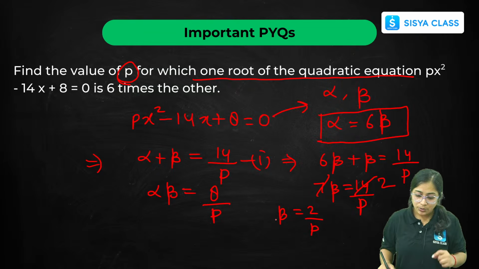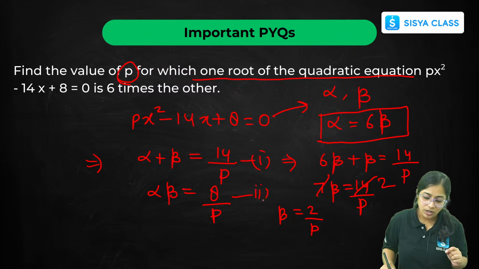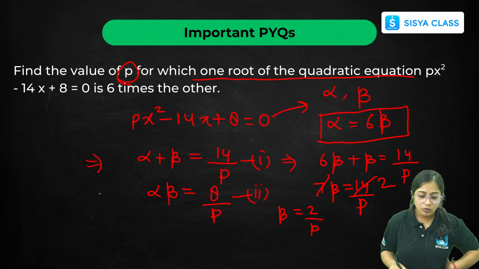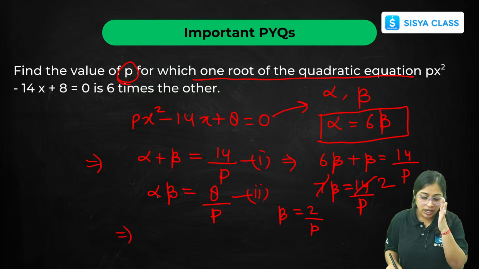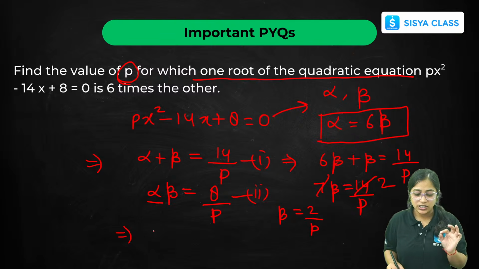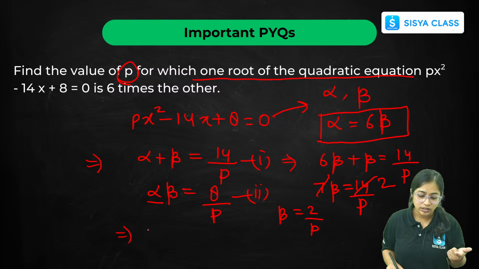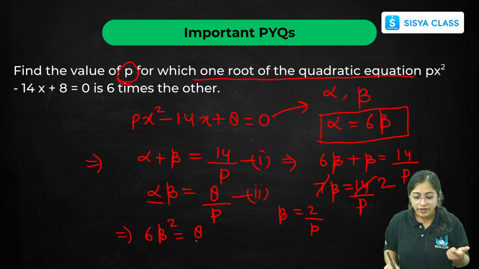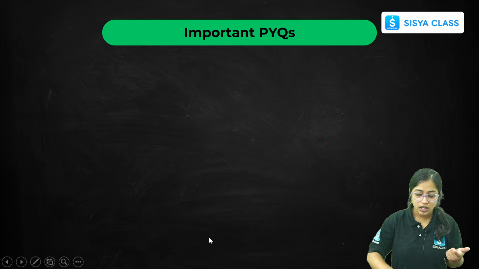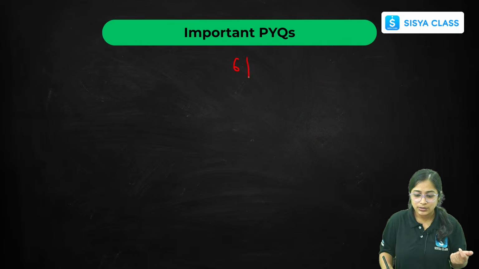Now we can substitute this in equation number 2. The value of alpha is 6 beta, so first substitute the value of alpha here. So it will be 6 beta square equal to 8 upon p, right?